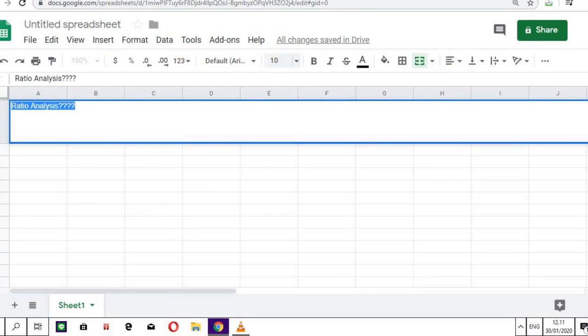Basically, ratio analysis helps give an idea of how a firm is performing, not only in an absolute sense, but also relative to its peers and its competitors. It's very classic.